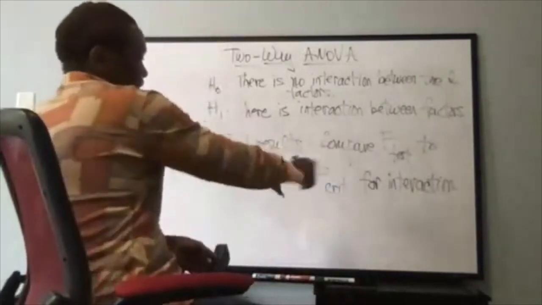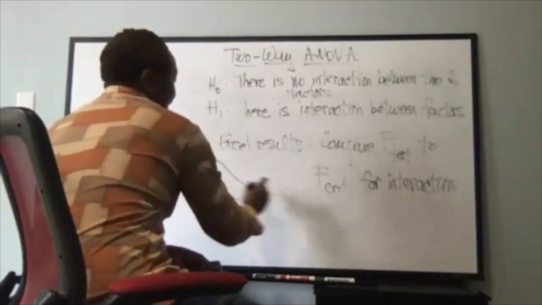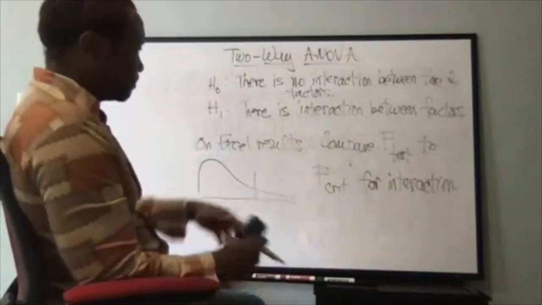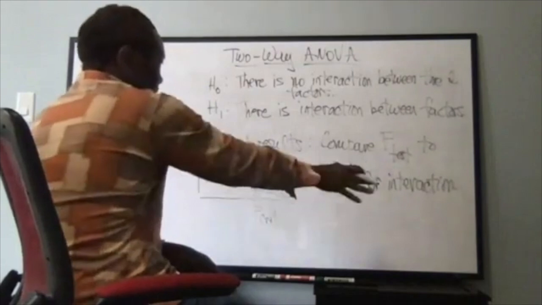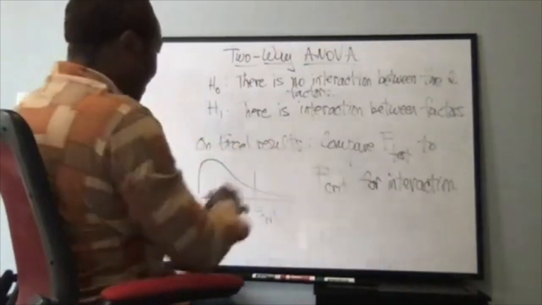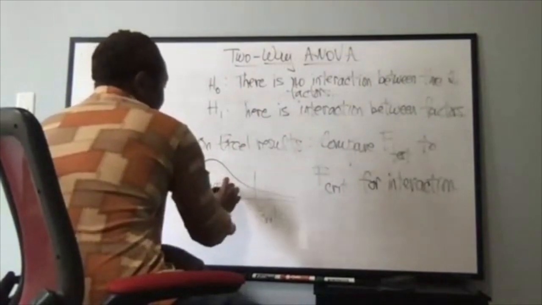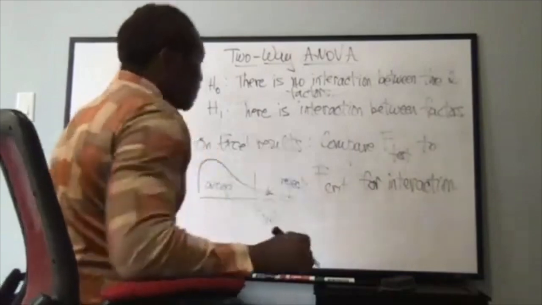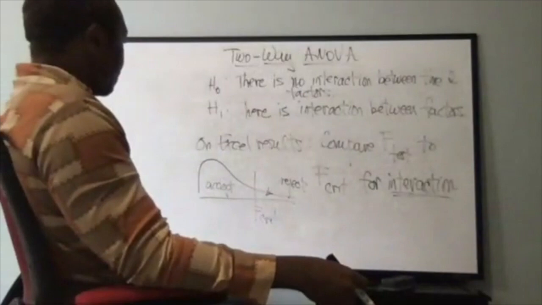Now, once you find out this information, the interaction has its own diagram, and the diagram is still going to be an F distribution, right? So the F crit will go here, and the F test is going to be wherever, and it's going to be the same thing. If the F test is on this side, we're going to accept. If it's on this side, we're going to reject. But we're only looking at the values for interaction in that particular problem, right?